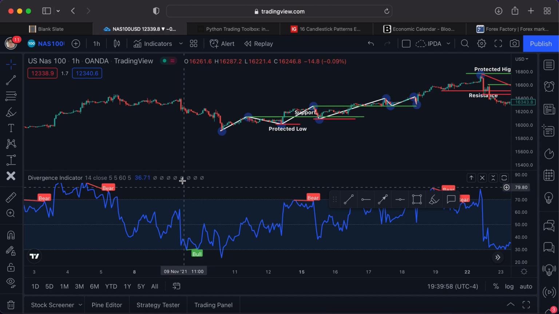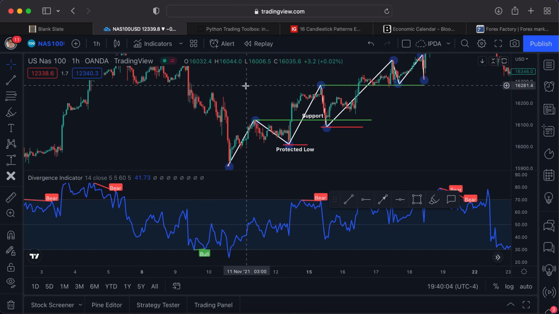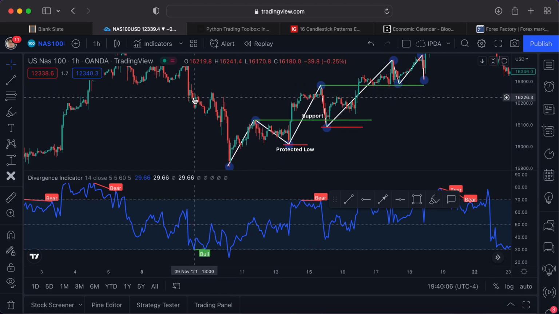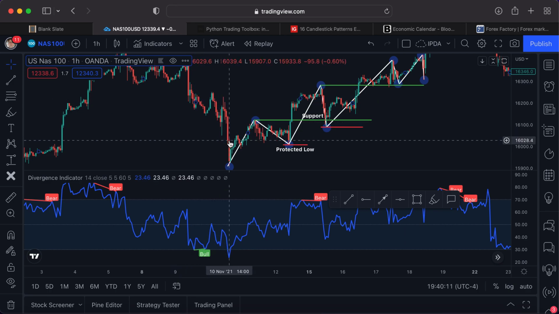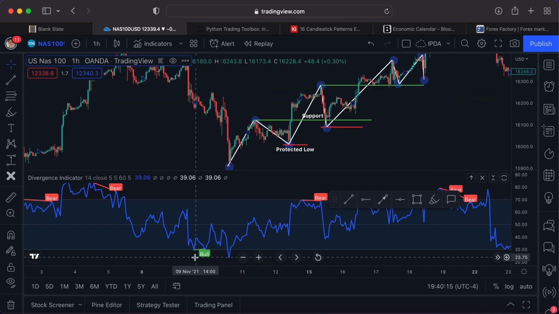So it called the bull market here, right? Not very accurate. If we look at it, it called the bull market here, right? And we can see price dropped heavily before it even began making its move up. So that's one way to see it.